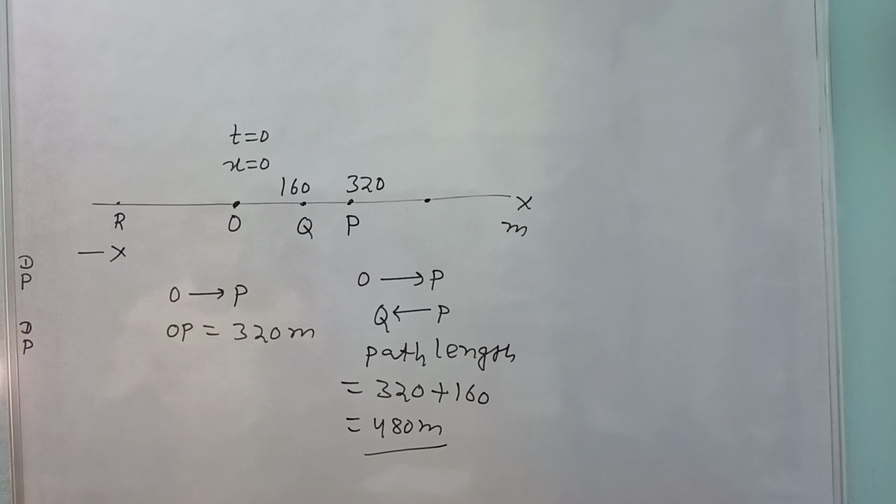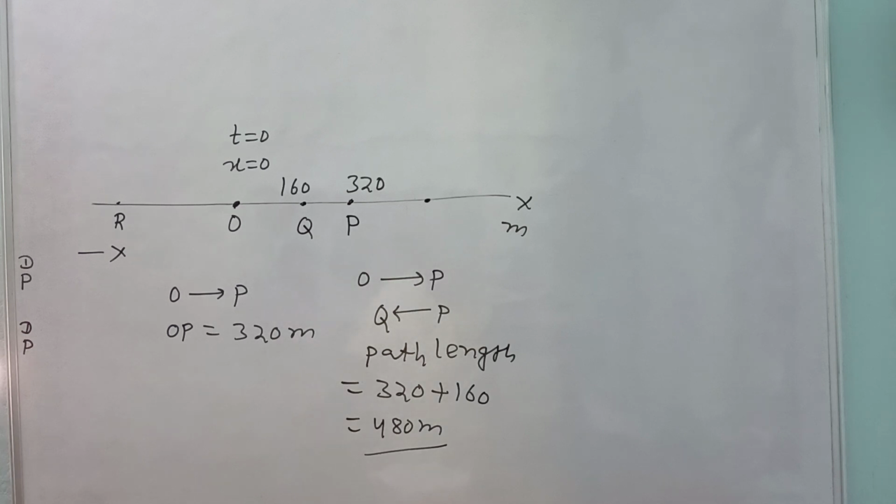That is OP plus PQ, that gives you 480 meter. So this is the distance. So I think you understand what is distance. Distance is the actual length of the path covered by the object or car.